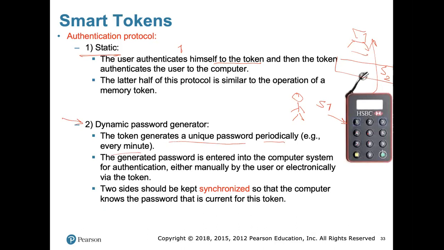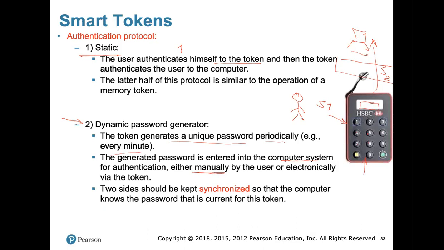And the generated password is entered into the computer system, into the authentication server. It might be entered manually by the user. I authenticate myself to this device. It shows me a password here, and then I take that password, I enter it to the authentication server, and that way the server allows me to pass.